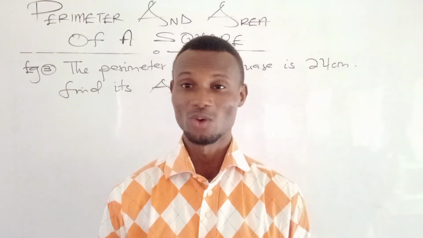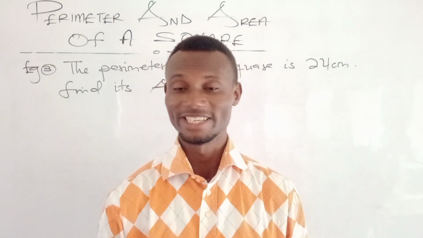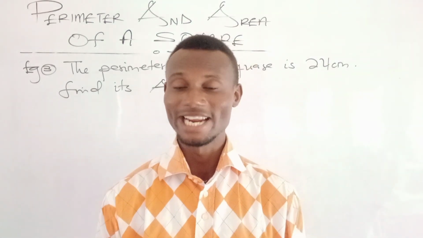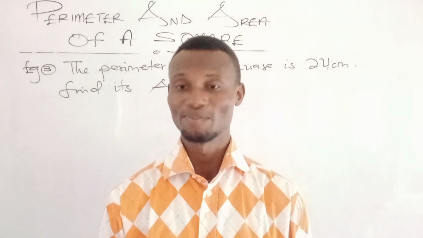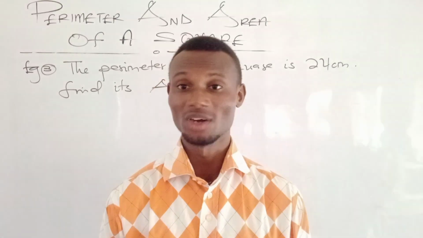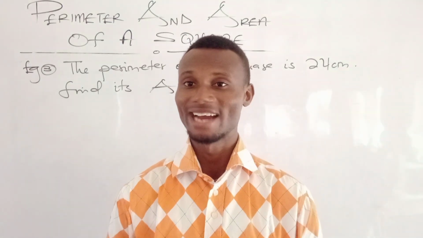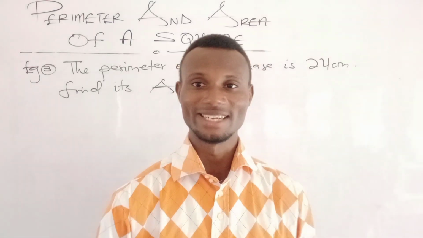Particularly the first video, it lays the foundation, the basic understanding and the information that you need about the perimeter and area of a square. So do watch the previous video so that you can get a better understanding of what we are talking about, so that you can handle this session as well.